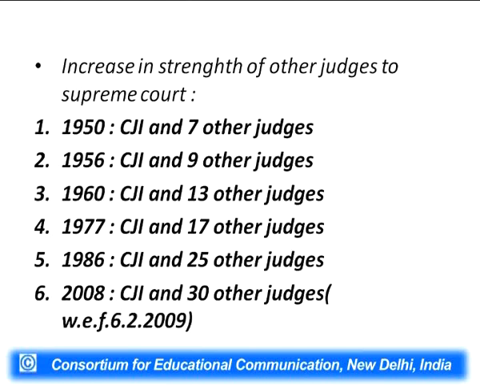Then in 1977 the number of other judges was increased to 17, and in 1986 to 25. Finally in 2008, the Parliament again decided to increase the strength of the Indian Supreme Court by appointing 13 other judges.